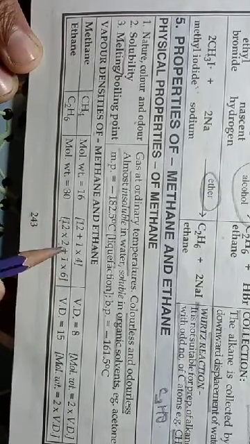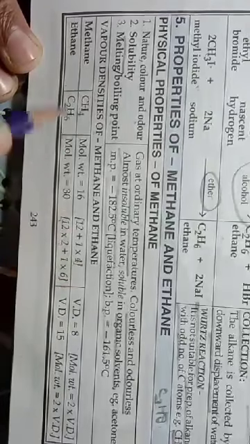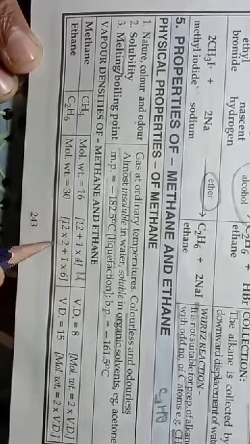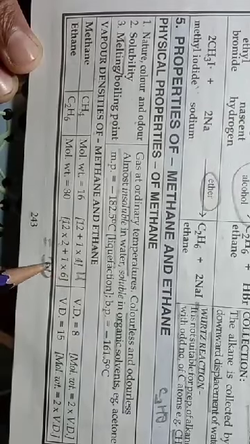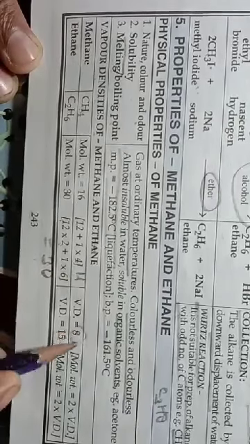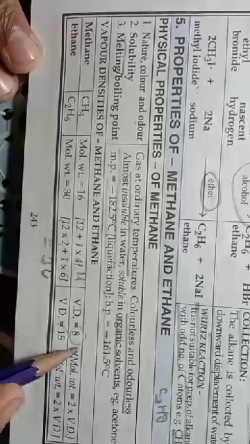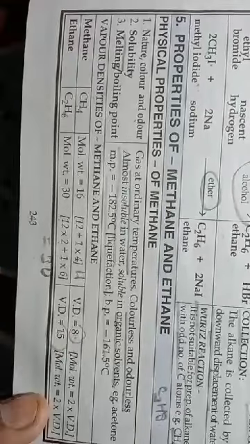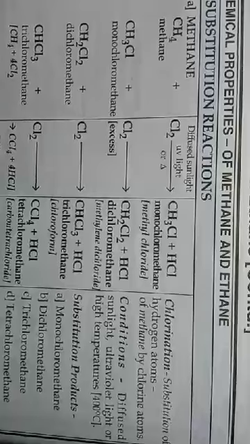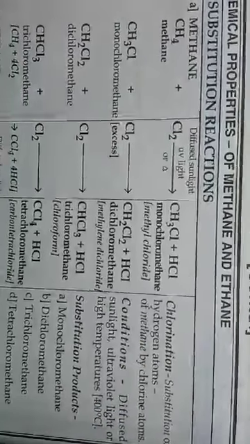So the molecular mass of methane is 16 and of ethane is 30. When we divide these molecular masses by 2, we get the vapor density of the respective alkane.